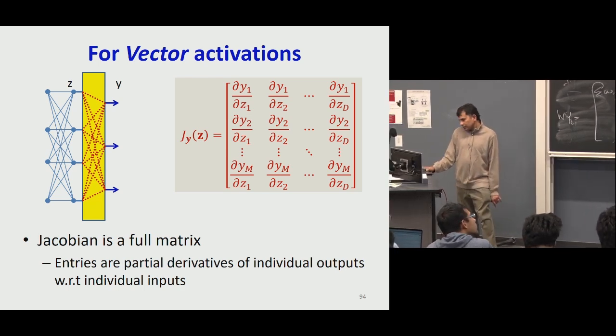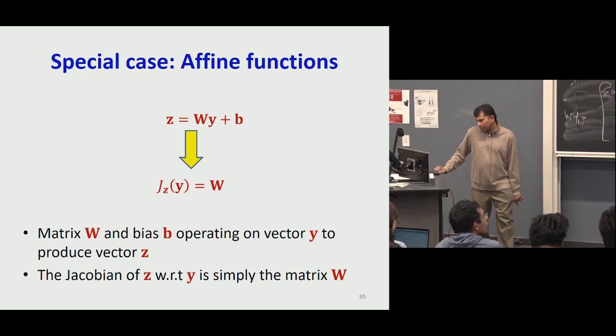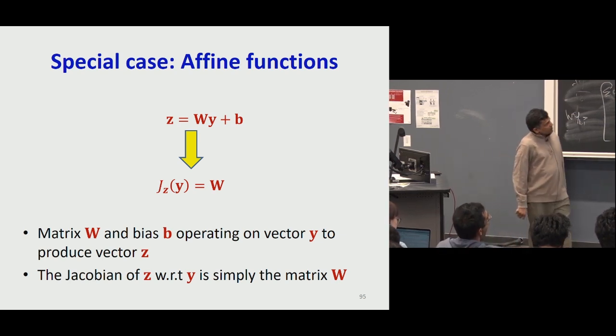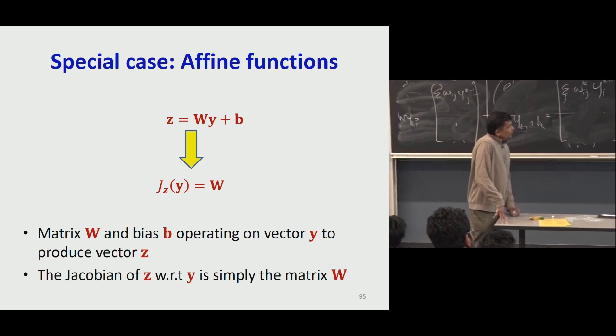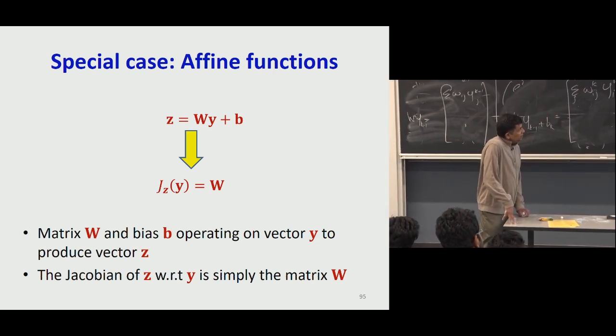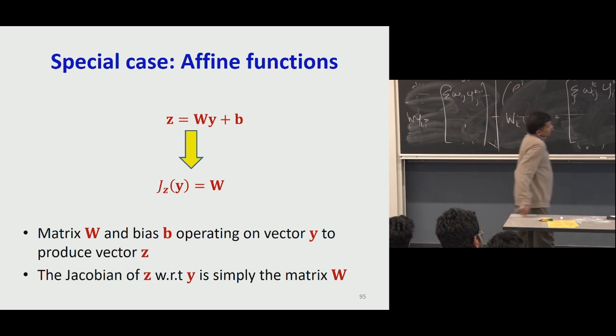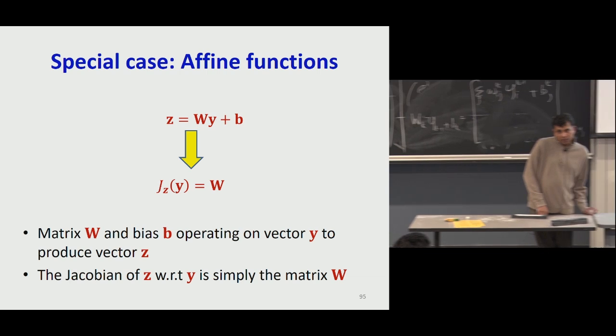Now, for affine functions, if I have z equals wy, then the Jacobian of z with respect to y is simply going to be w. It's very easy for you to check, right? An incremental change in y is going to result in an incremental change in z.